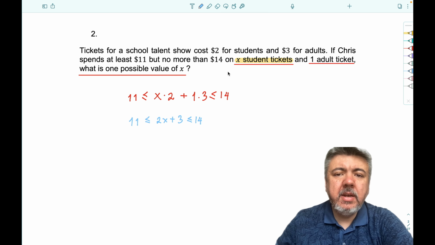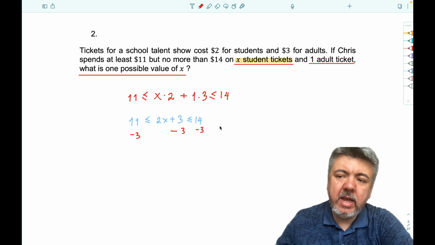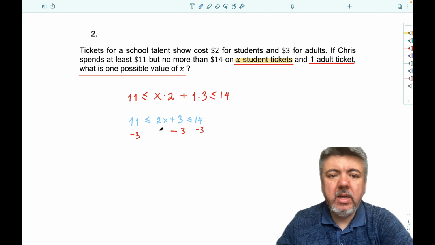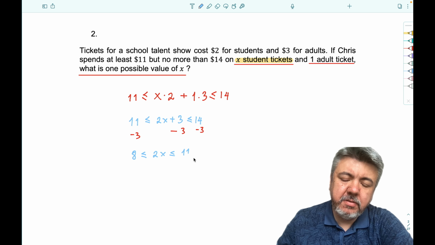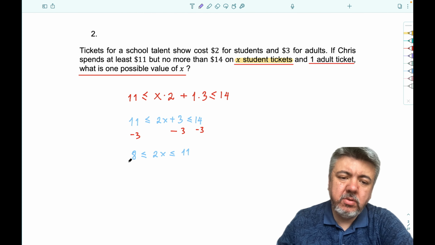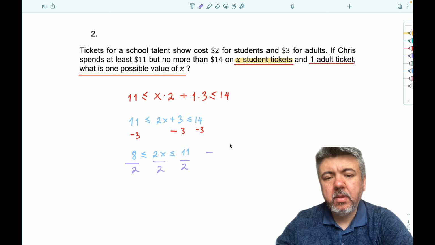Now we can subtract 3 from each side of the inequality, from everywhere. We want to make x alone. So it is 8 less than or equal to 2x less than or equal to 11. Now we can continue with dividing each side by 2.